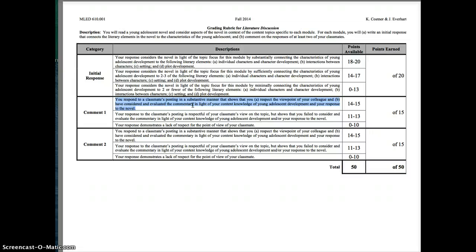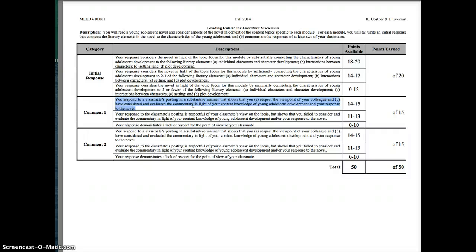In the last narration of the rubric, we talked about how it's important to respect their viewpoint and honor that they have it, but that if you look at part B, you've considered and evaluated their commentary in light of your content knowledge of young adolescent development and your response to the novel. So you can consider and evaluate and be respectful and also disagree if you need to.